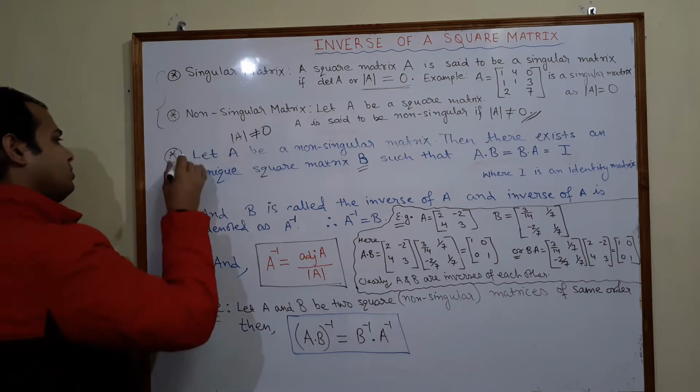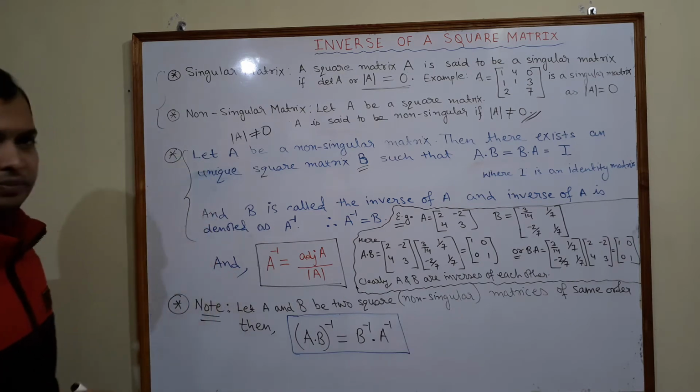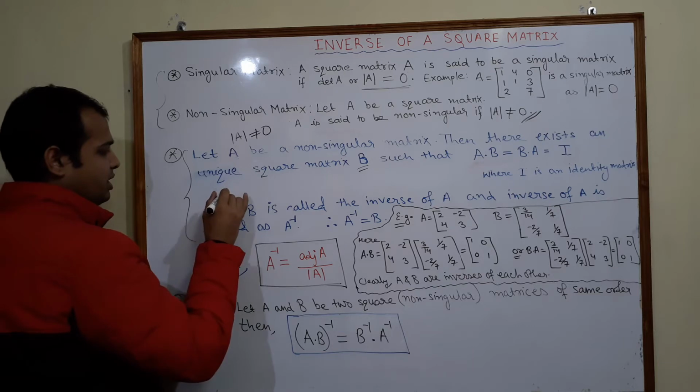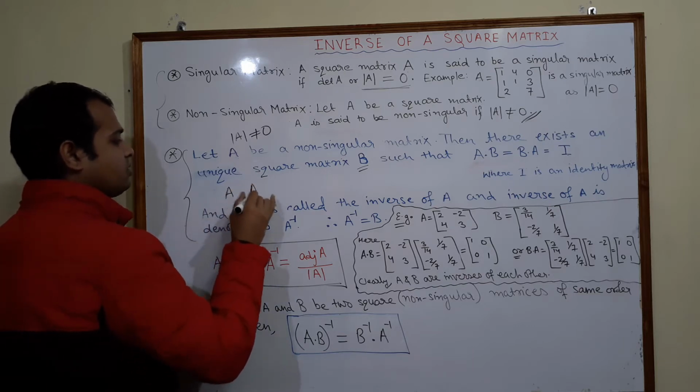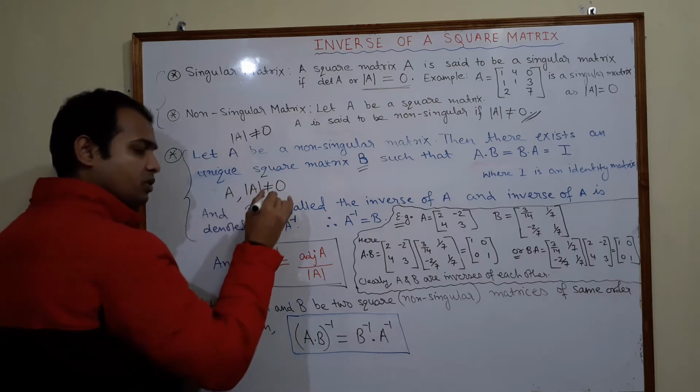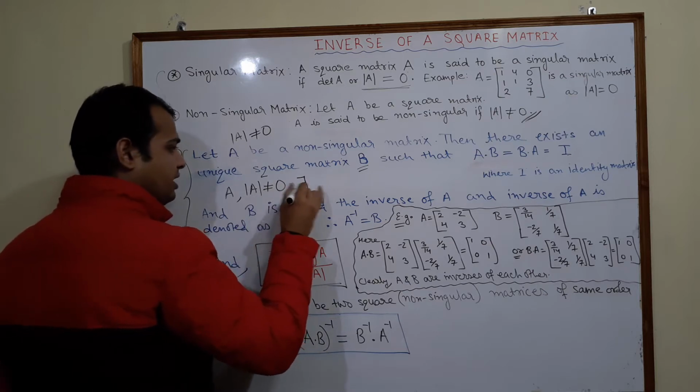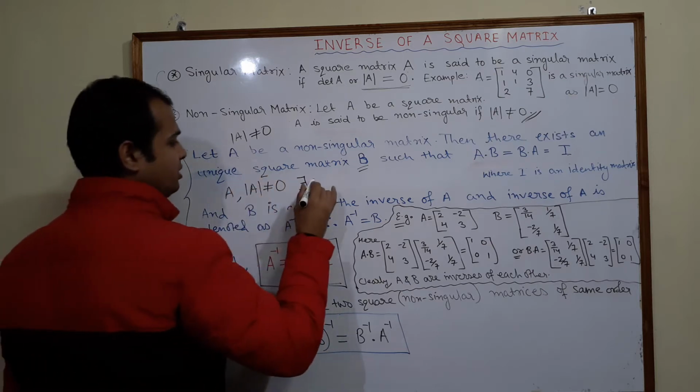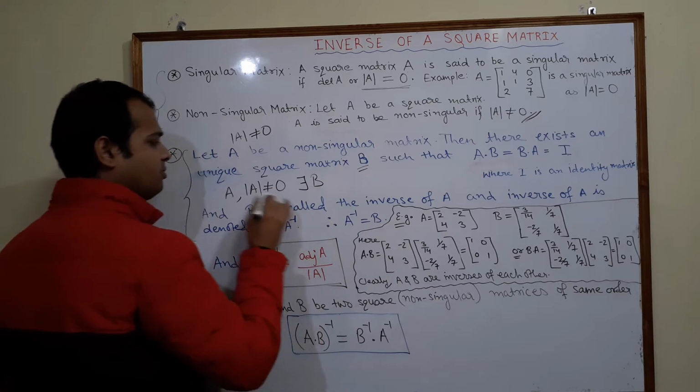So the definition of A inverse is: suppose I have a matrix A whose determinant is not equal to 0, then definitely there exists a unique matrix of the same order.